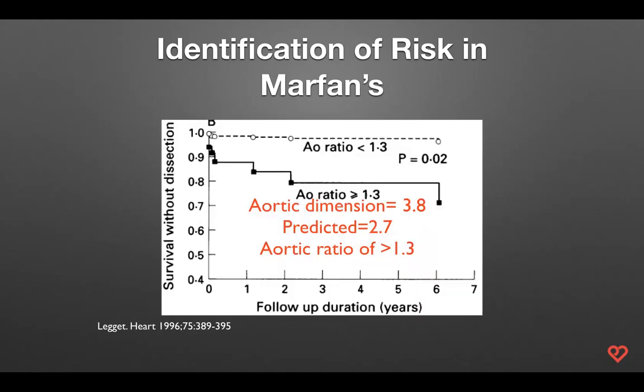And when you look at their article, it was able to show the survival without dissection. If your ratio is greater than 1.3, you can see you have a 20% risk of dissection in that individual, and you can see the numbers coming across. Well, if it's less than 1.3 ratio, then your survival without dissection is pretty doggone good.